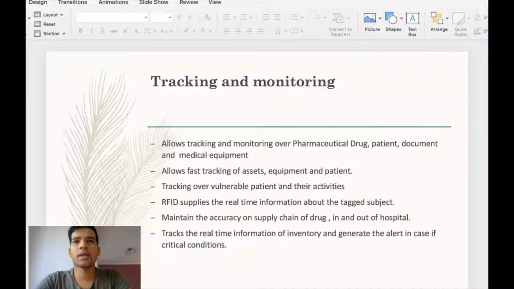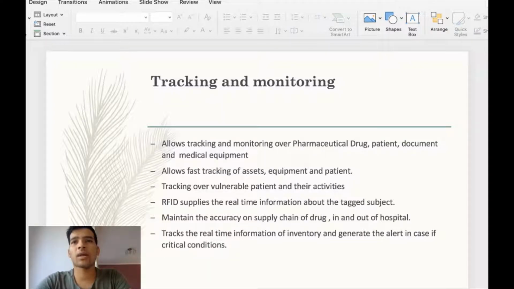The third one is tracking and monitoring the drug, patient, staff, document, and medical equipment. RFID allows automated fast tracking of assets, equipment, documents, and even patients and staff.